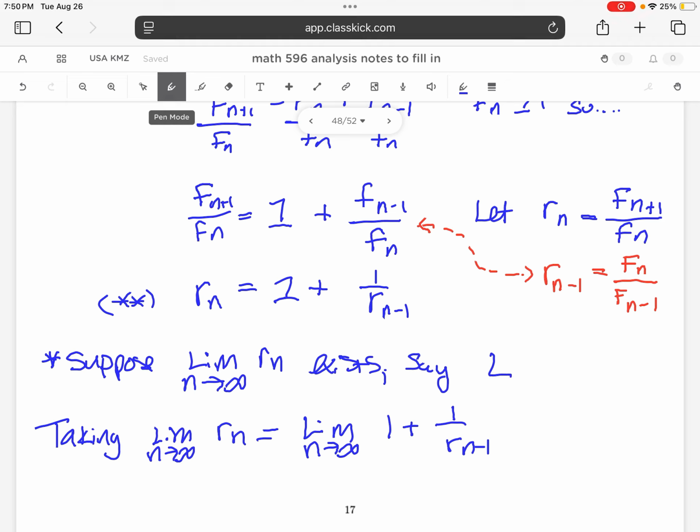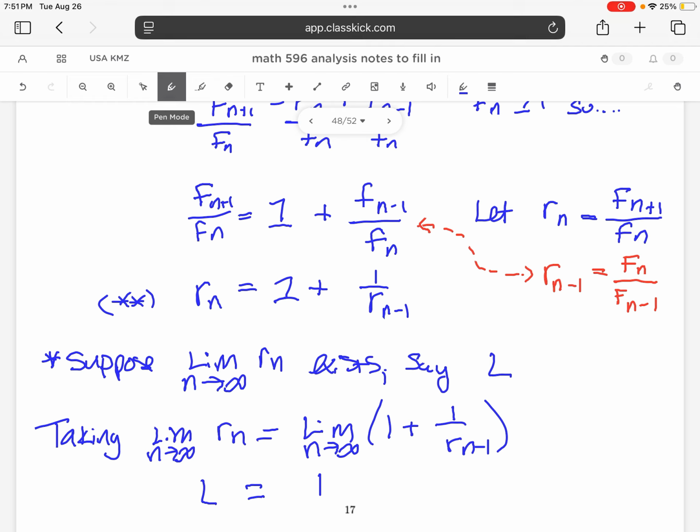And what we have here then is that the limit on the left-hand side is just L, and the limit on the right-hand side, based on some limit laws that we saw in previous sections, is going to be equal to the limit as n goes to infinity of 1, which is just 1, and the limit as n goes to infinity of 1 over this same sequence, r sub n minus 1.